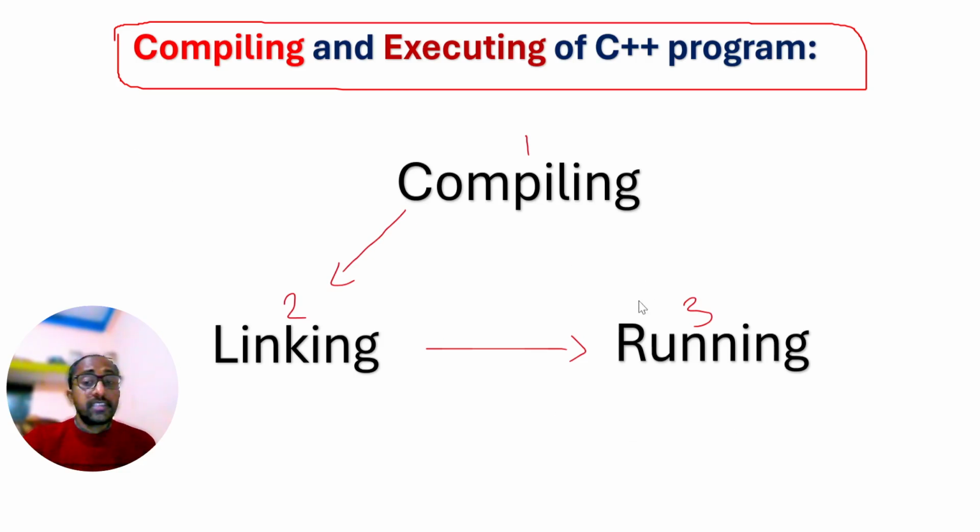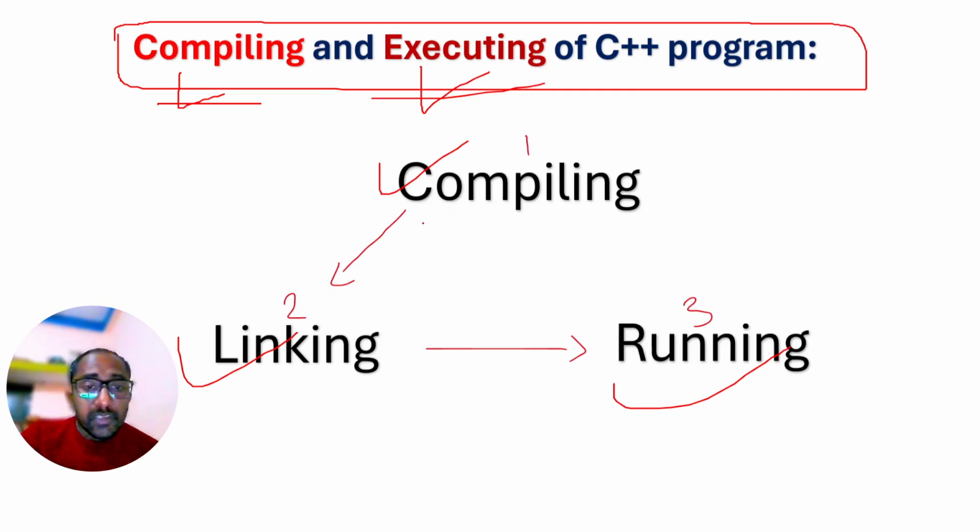There are 3 stages in executing a C++ program: compiling, linking, and running. These are the 3 stages of compiling and executing. To execute and compile the program, these three things will happen.